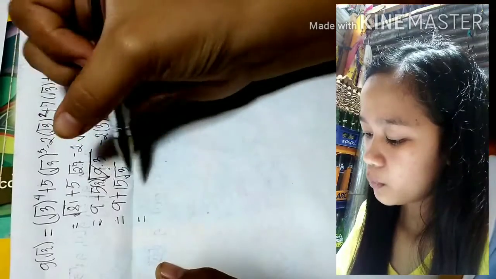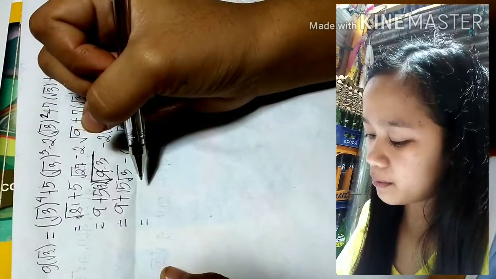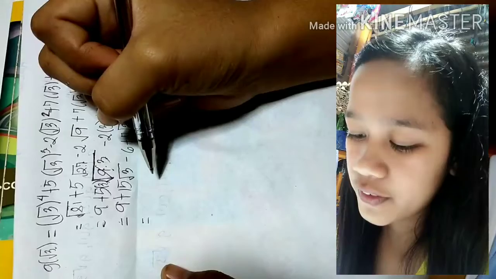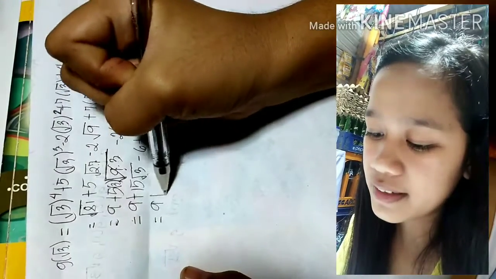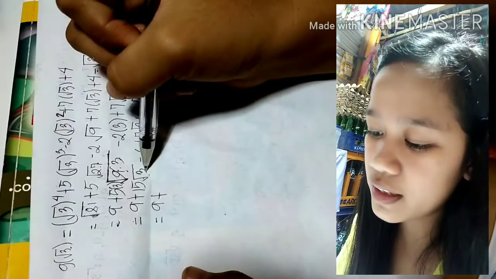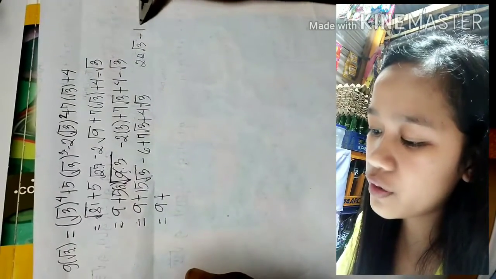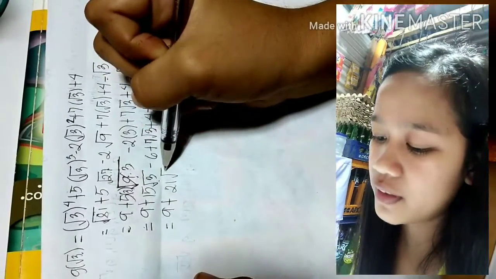So next, we are going to simplify the terms with the same radicand. 15 square root of 3, 7 square root of 3, and negative 1 square root of 3. So 15 square root of 3 plus 7 square root of 3 equals 22 square root of 3 minus 1 square root of 3 equals 21 square root of 3.